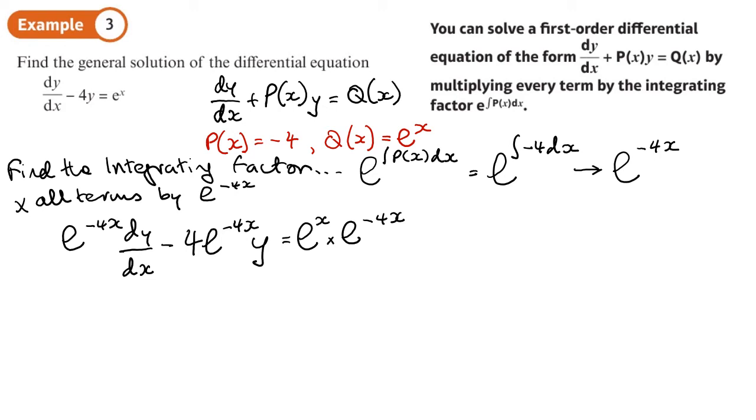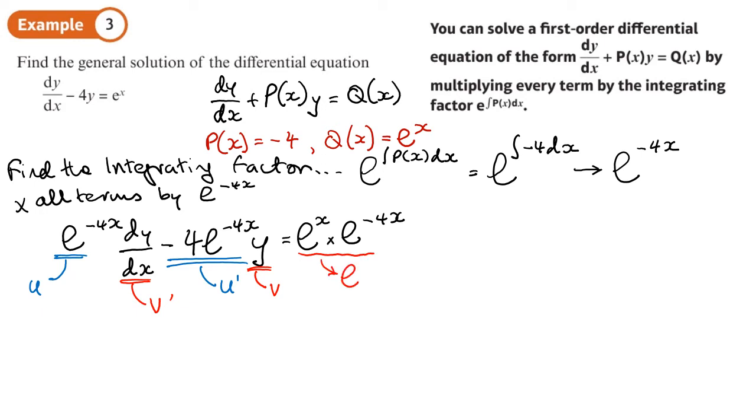Now using the product rule in reverse, I can see that this bit is like u, this is u dash. If you integrate e to the -4x, you'll end up with -4 e to the -4x. Then that means this bit here is v dash, this bit here is v, and then this can be simplified by adding the powers.